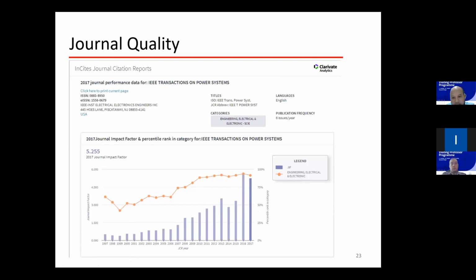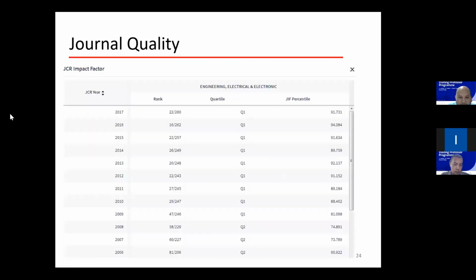But this is specific to, you can see, the area engineering, electrical and electronic. Okay, because certain journals have an impact factor of maybe more than 20, especially journals based on review papers. They have very high impact, but that one is for general. But when we look at a specific category like electrical, electronic, they have a different ranking. But it's Q1, so they have a different ranking. For example, like this, electrical engineering, for power system, and this is the ranking 22/260 and so on.